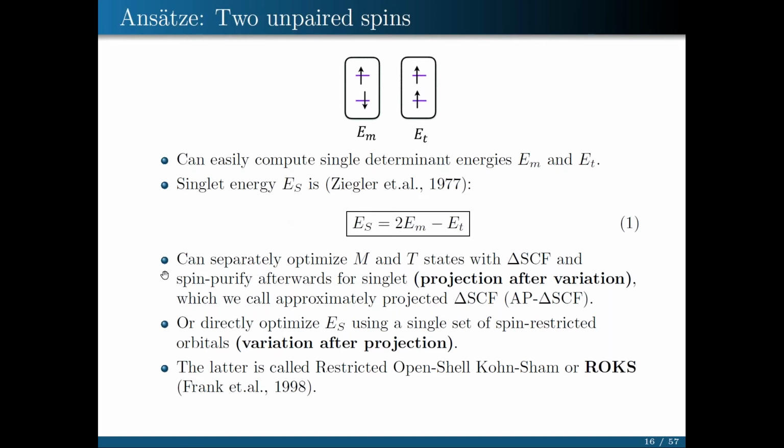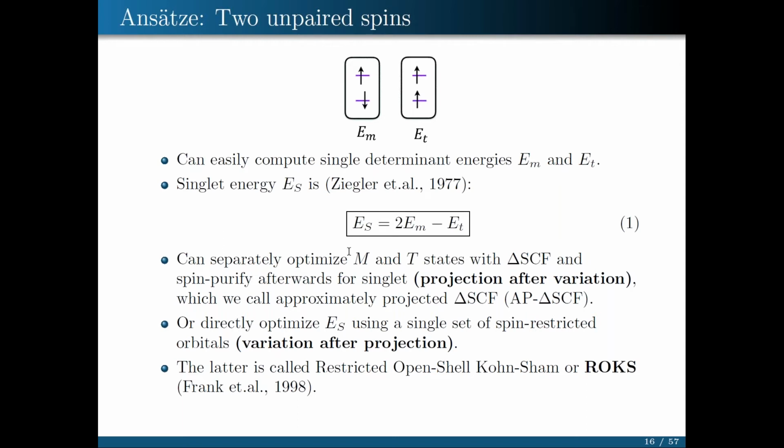So there are two ways one can go about using equation 1 to obtain singlet energies. The first would be to separately optimize the mixed state and the triplet state with delta SCF, and then apply equation 1 afterwards, which would be some kind of a projection after variation, and which we call approximately projected delta SCF, but it has gone by other names in the literature as well.